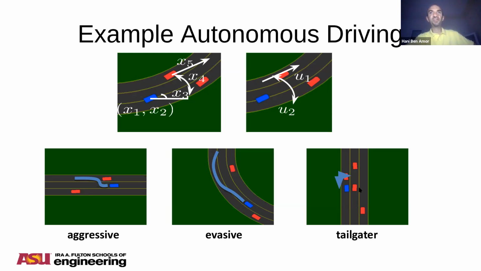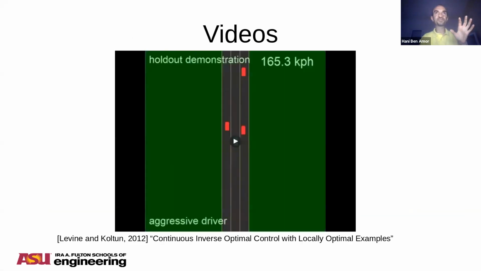And finally, at the end, we have tailgaters, who try to stick around behind other cars. So one thing we can do is collect data from these experts. Instead of asking them for equations, we ask them for data, give us examples. And then from that data, we can learn a utility function.